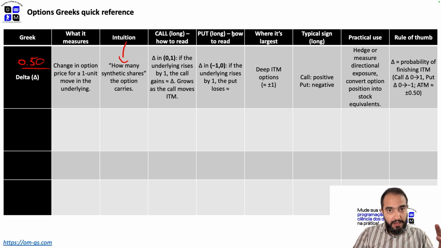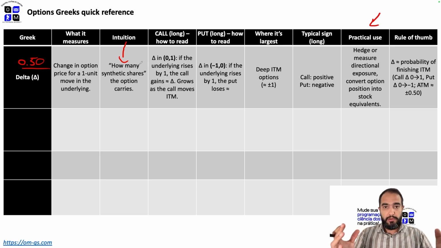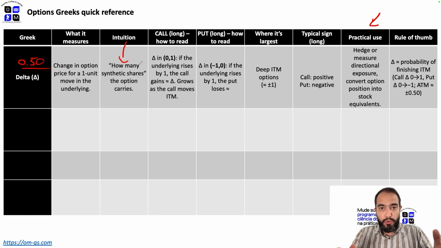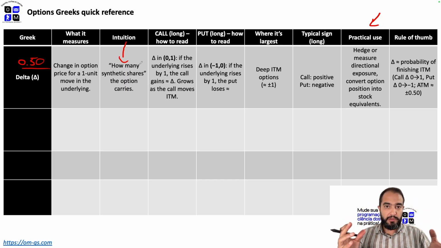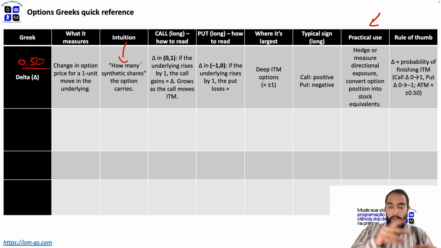Why is that? Because one practical utilization of the delta is to hedge the portfolio or measure directional exposure. So you can convert your option position into stock equivalents.